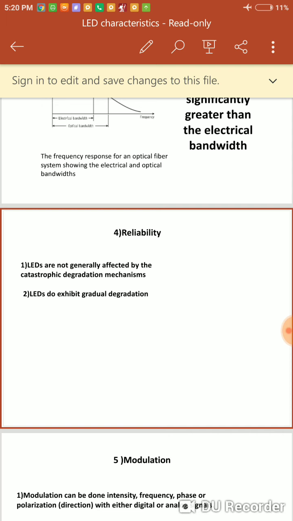Second, in case of LED the degradation is less, so reliability of LED is also more as compared with the laser. That is the fourth parameter of the LED.